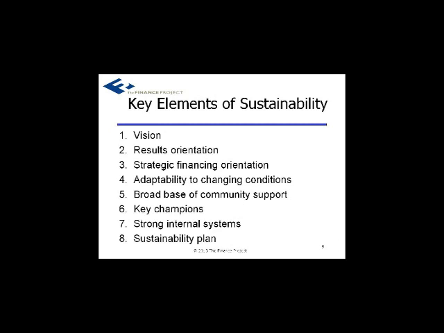We often think about the next set of elements, the strategic financing orientation, and then elements 4, 5, 6, and 7, as almost the two wings of a house if you're building your house of sustainability. One wing is having a very clear sense of the finances.